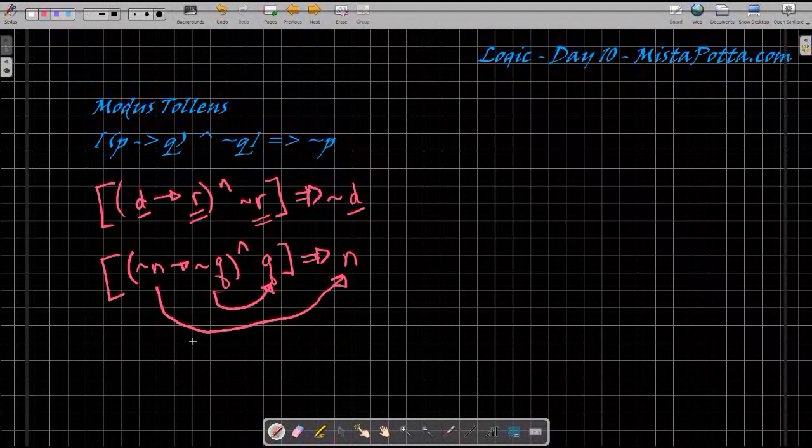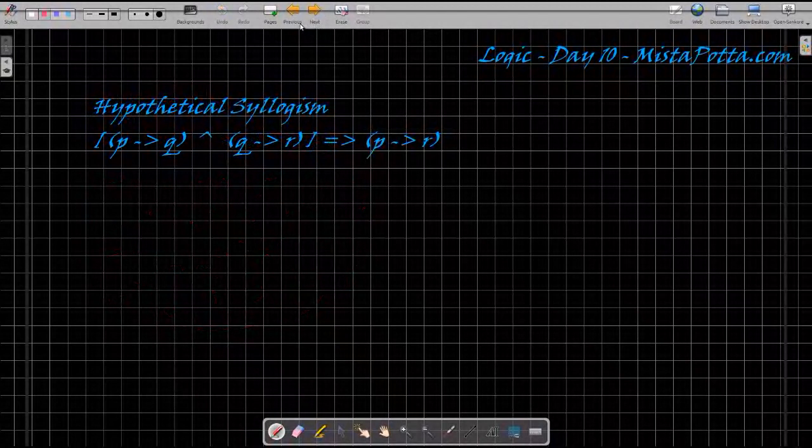So we have Modus Ponens, which uses the antecedent as its second premise. We have Modus Tollens, which uses the negation of the consequent as its second premise. And the third argument we're going to be talking about is hypothetical syllogism.